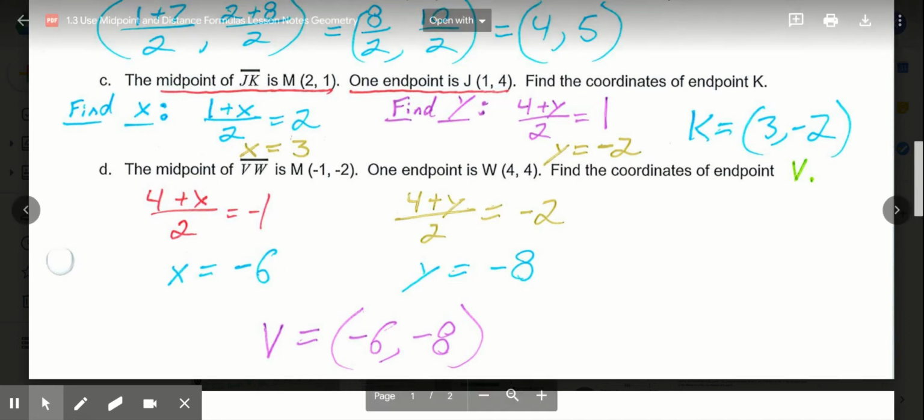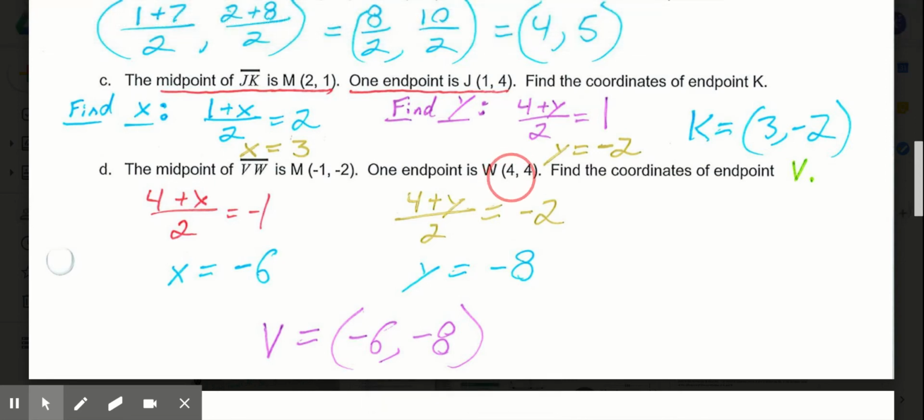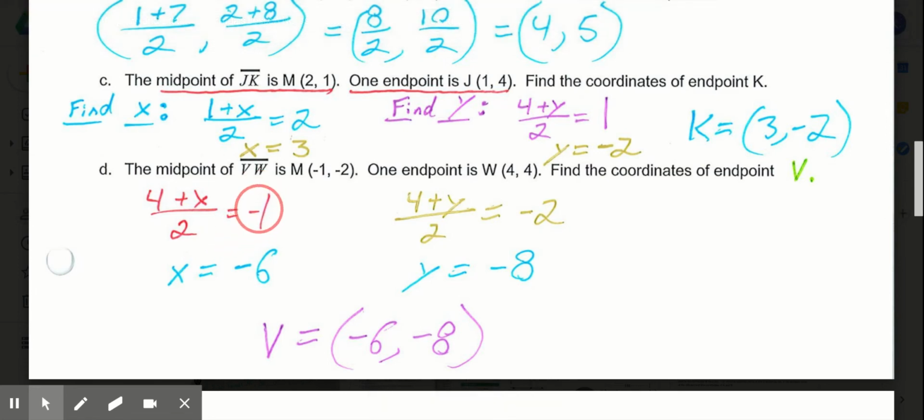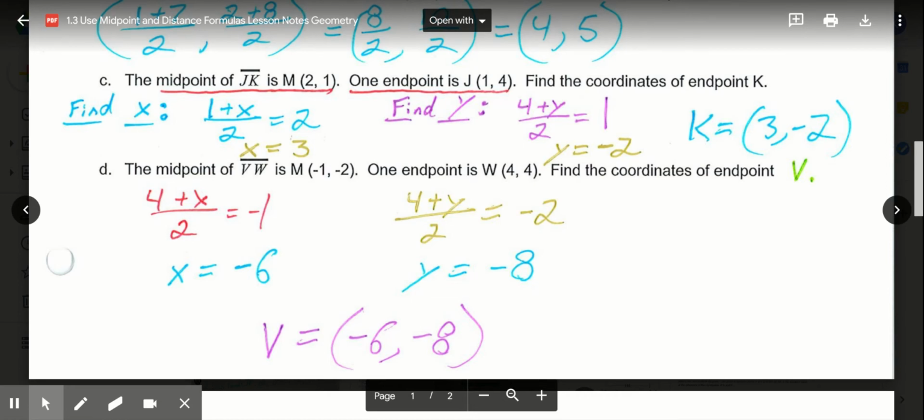Find the coordinates at endpoint V. So then we're going to take our known x value from one endpoint of 4 and add it to our missing x, divided by 2 equals our midpoint x value of -1. Solve that for x, so multiply by the 2. That would be 4 plus x equals -2. And then subtract 4, -2 minus 4, x equals -6.